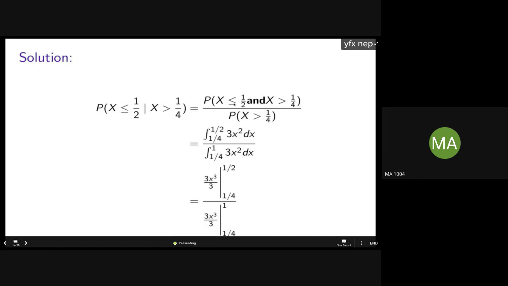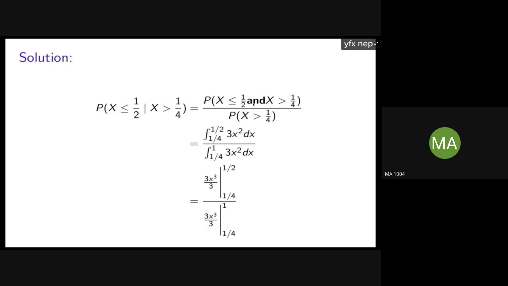So how to solve this? We should integrate between 1/4 and 1/2, the common values of the two conditions.